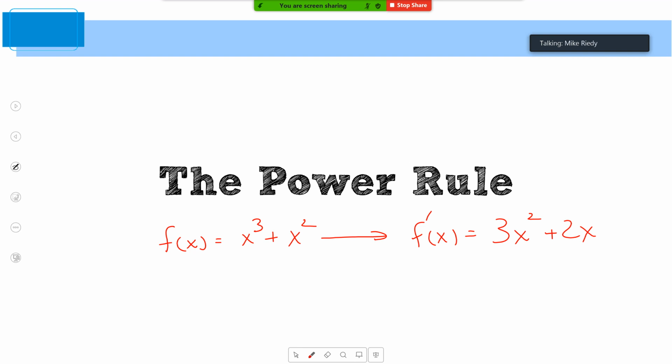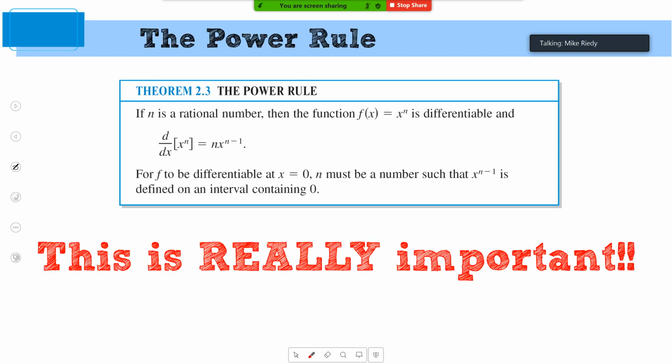Take the exponent, move it out in front, reduce the exponent by 1. The 3 comes out in front, becomes 3 times, reduce the exponent by 1. In fancy calculus talk, taking the derivative of x to the n, you move the n out in front, reduce the n by 1.